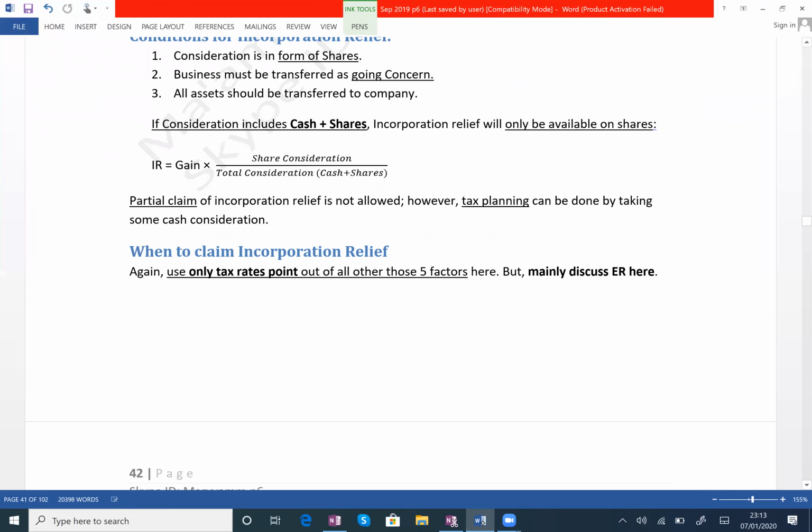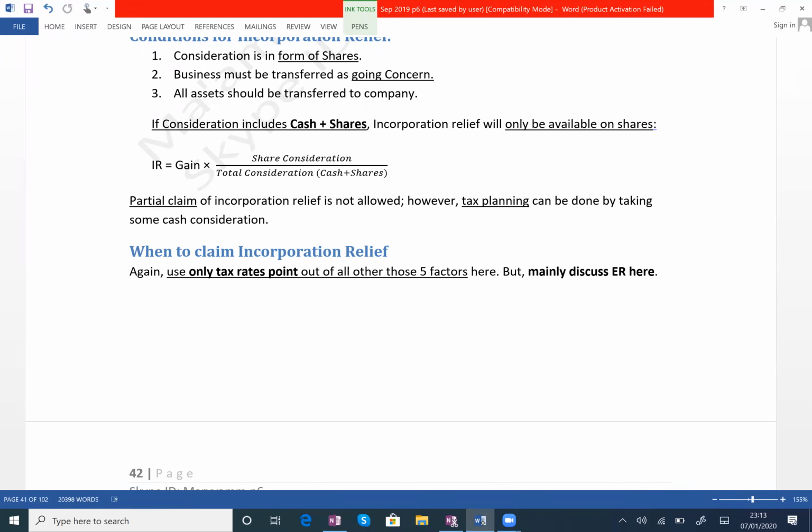Next heading in this topic is when to claim incorporation relief. Another tax planning point is when you have to defer the gain. If you revise the recorded lectures of CGT, the first topic, part disposal. Have you revised the part disposal topic, the first CGT topic?